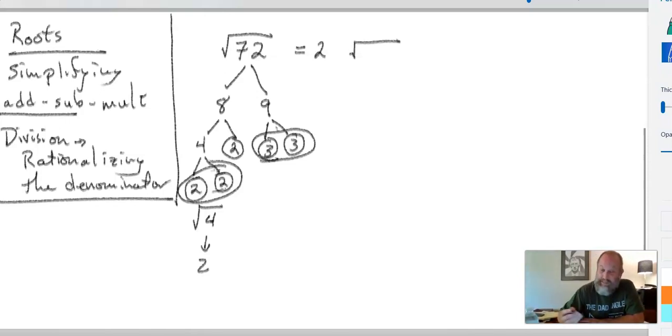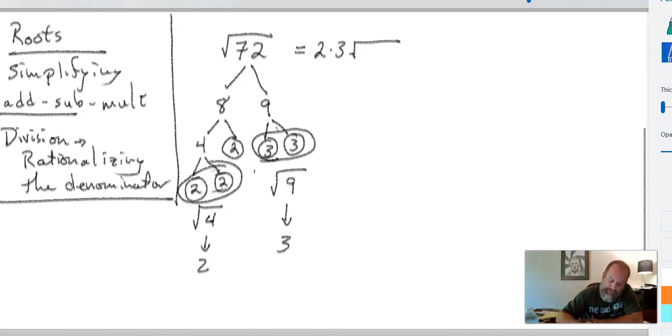I have a pair of 3's, and the same thing will happen here. 3 times 3 is 9, so what I'm really doing here is taking the square root of 9 and getting 3. So that means there's a 3 on the outside, and these two things will be multiplied. And then anything you have left over goes inside the root.